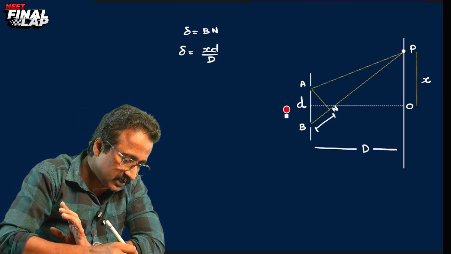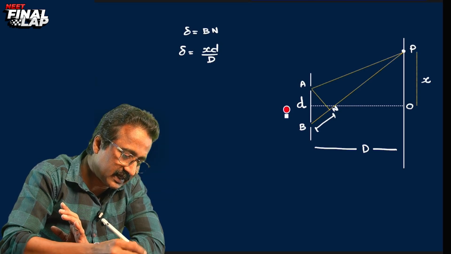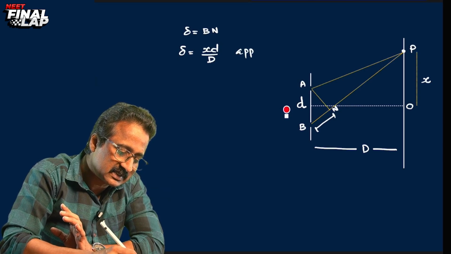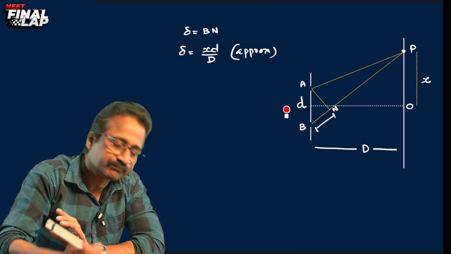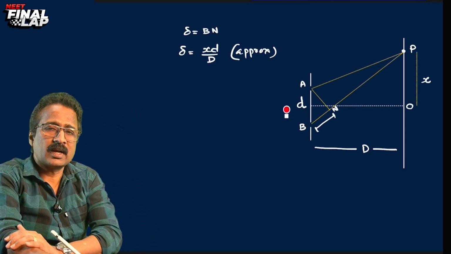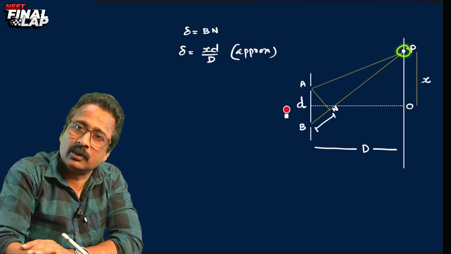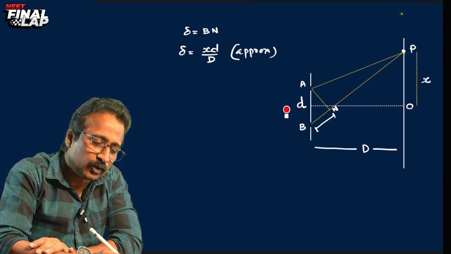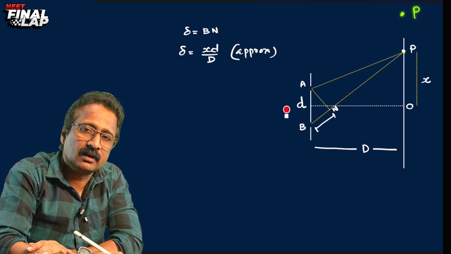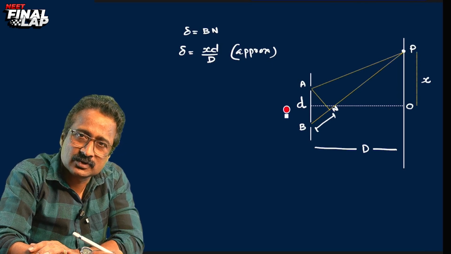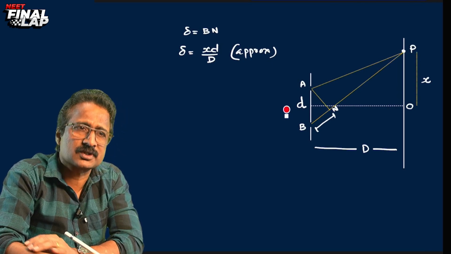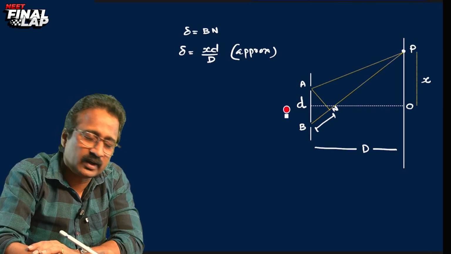I must frankly tell you that this is an approximate equation. This equation can be used if the point P is not very far away. If point P is far up on the screen, this equation can give you errors. So make sure that the point you're studying is not far away from the center while you're using this.